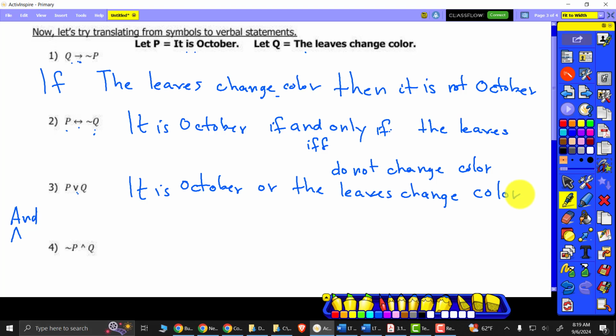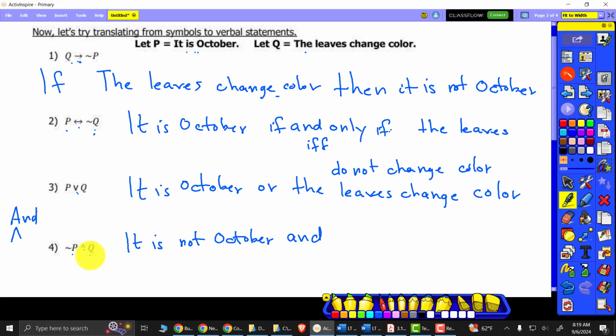Okay, finally, number 4. How do we write number 4? That's not P, so we have to negate this. Okay, it is not October. That's the symbol for and.